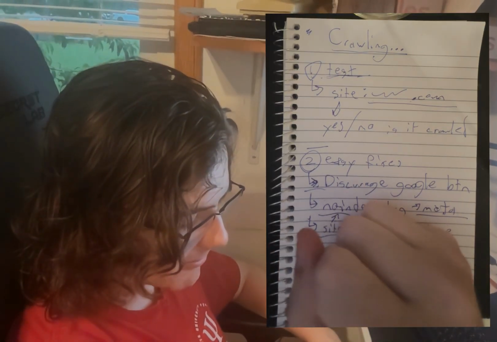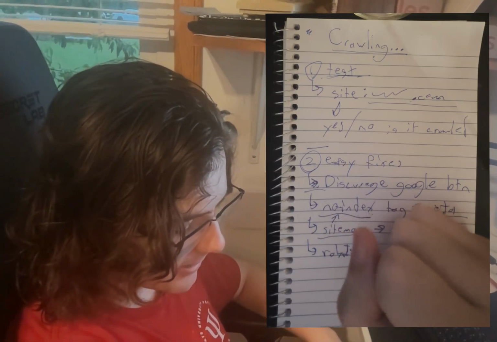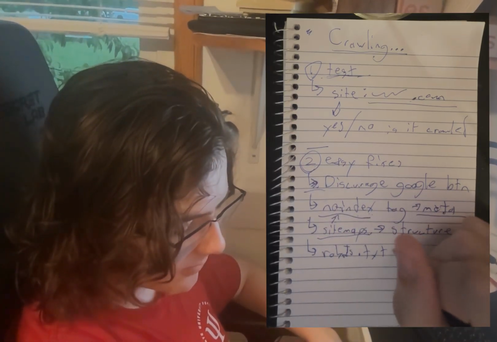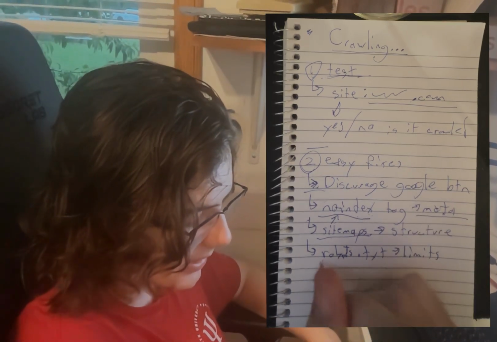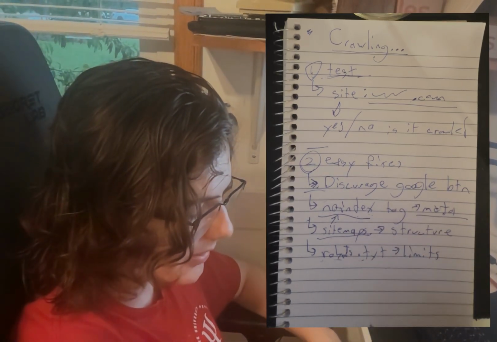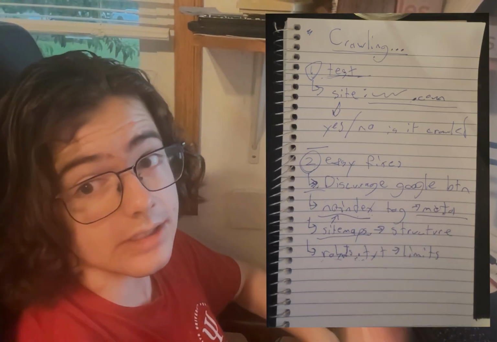And then lastly is robots.txt, which is another file that limits robots, right? So if you have your homepage in the robots.txt, it will not search it if you have it in the correct format, right?